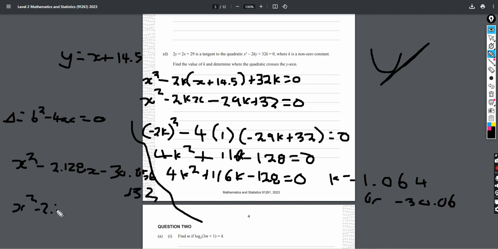So we get x squared minus 2.128x. Now k is a non-zero constant. But this is too high, so k must be... oh, no, it could be that. Plus 1.144 equals 0, and then solve that quadratic. I am liking this less and less by the second. Those are imaginary numbers, brilliant.